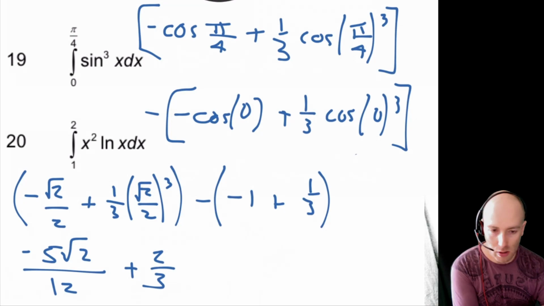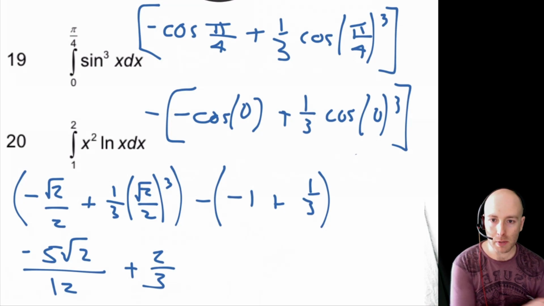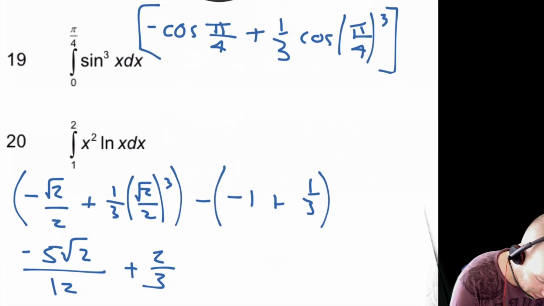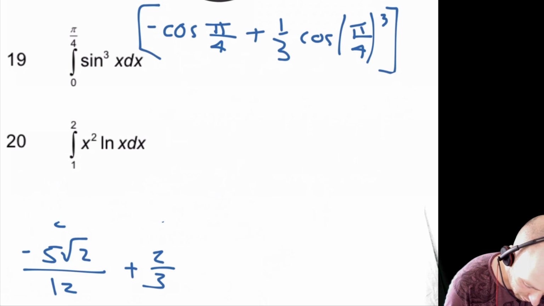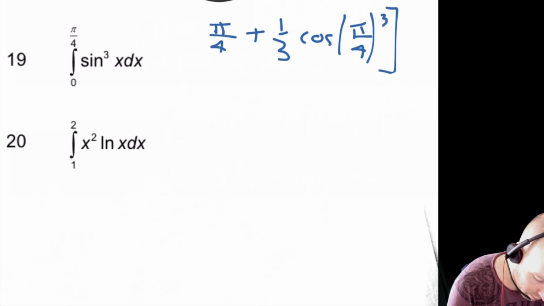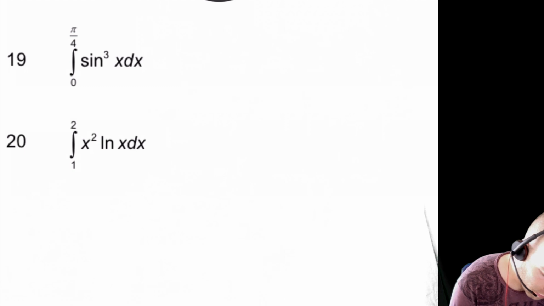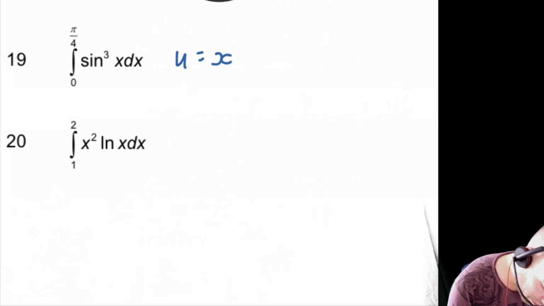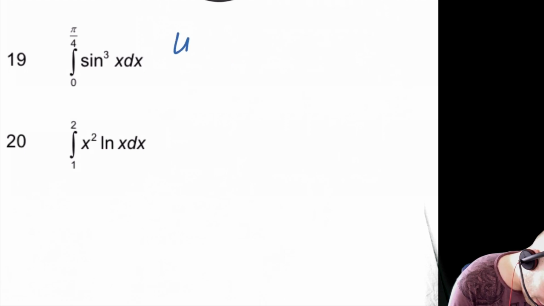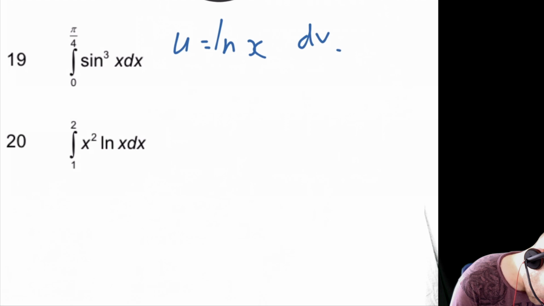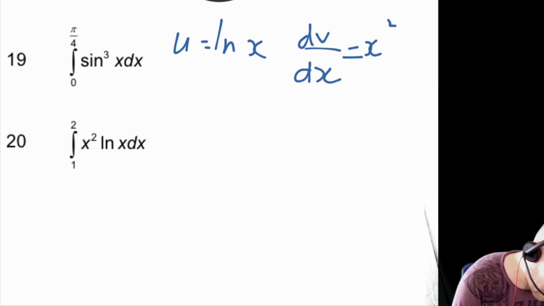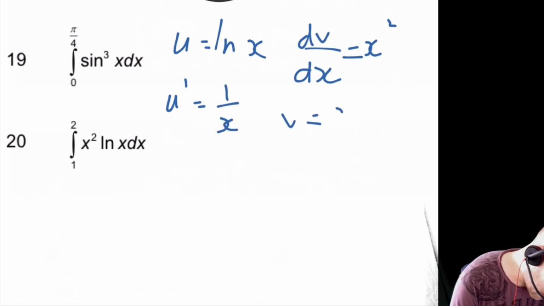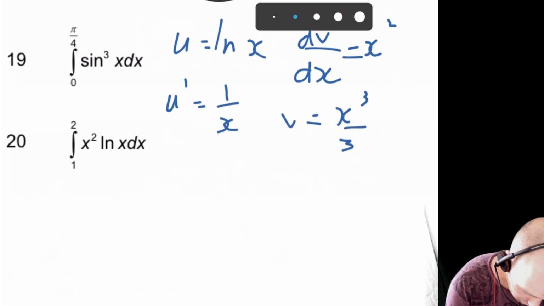Okay, so that's the first one done. Second one, a little bit easier. We're going to be using by parts twice. So for the second one, u is going to be x squared. No, it's not. u is always ln, so u is ln x. dv by dx is x squared. u dash is going to be 1 over x, and v is going to be x cubed over 3.